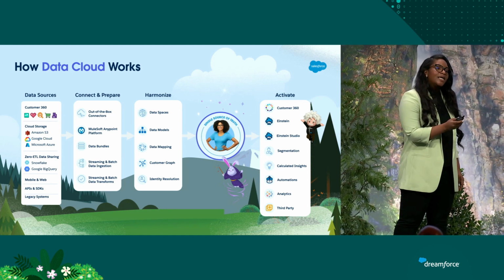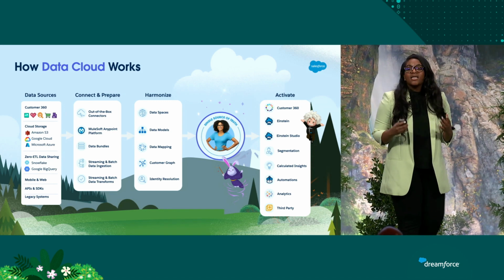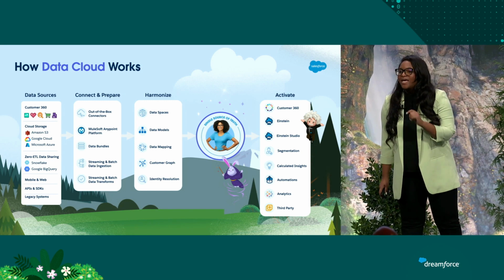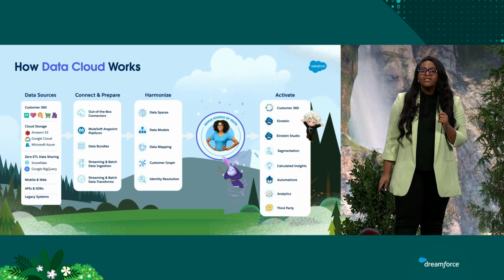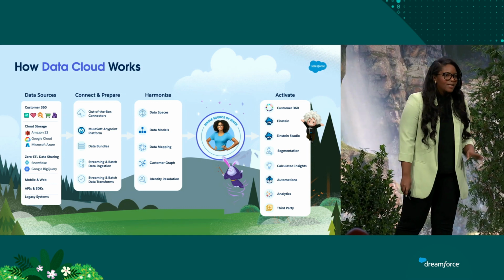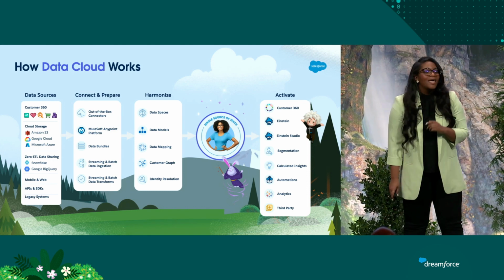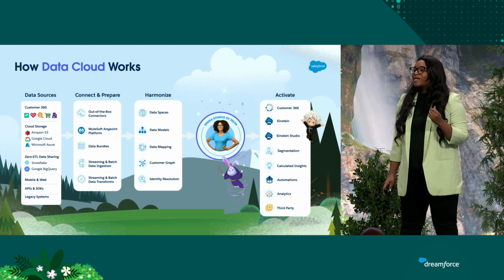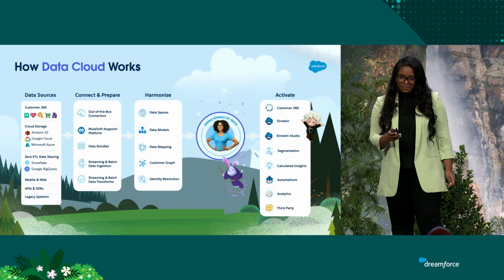After you've ingested your data, you then have the ability to harmonize all of that data in a canonical data model into our data lake, into data lake objects and data model objects. From there, you can use identity resolution to build a single source of truth. And then you can use activations like Tableau Analytics, integrate with Salesforce Platform Events, and even call Marketing Cloud journeys via the Journey Builder API.